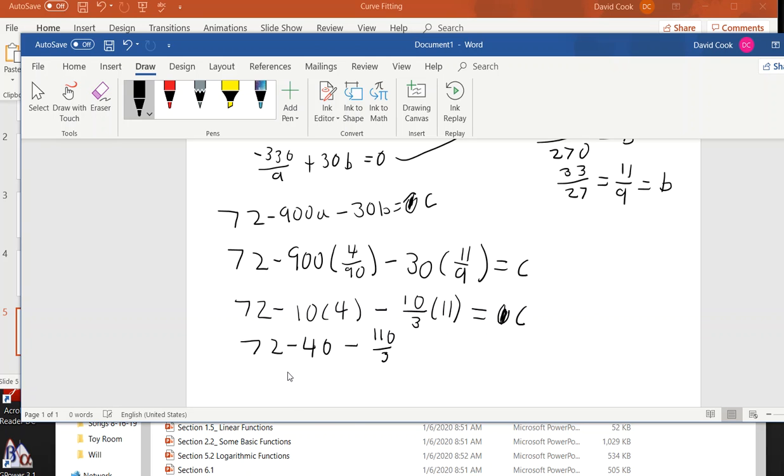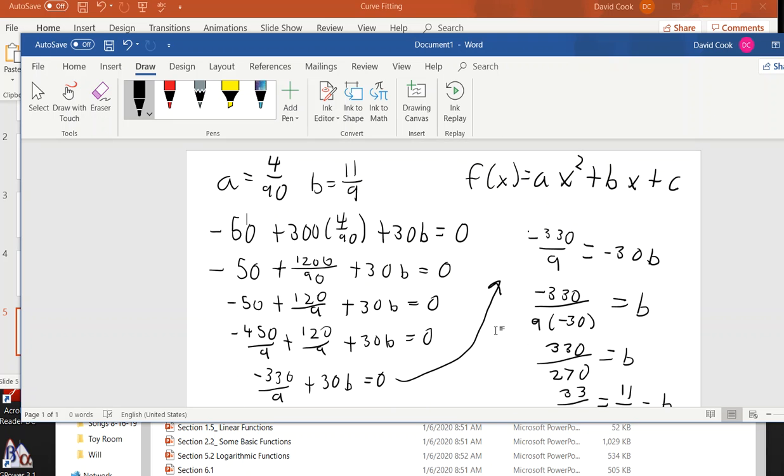So this becomes 32 minus 110 over 3. I can write 32 as 96 over 3 minus 110 over 3, and that's going to give me minus 14 over 3. So C is going to be minus 14 over 3.